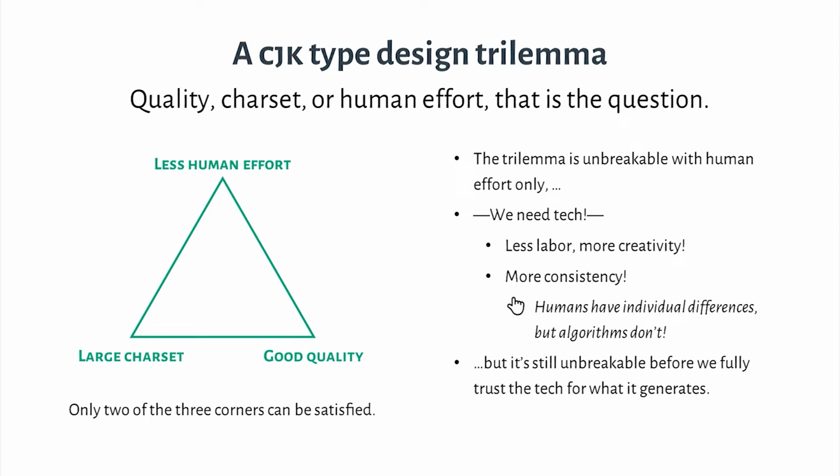But algorithms won't have such a problem. However, before the tech is advanced enough that we can fully trust it as competent as a well-trained designer, the trilemma could still not be solved. Because we shall still at least review and modify all the generated glyphs, so there is still a long way to go before we can finally automate the whole design process.